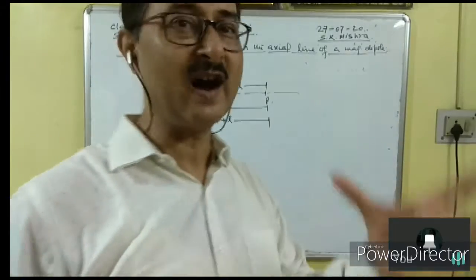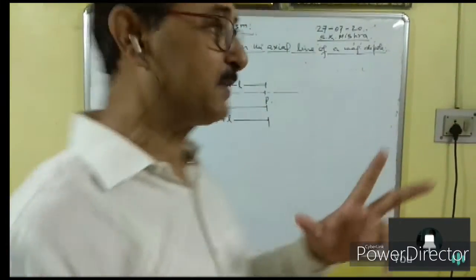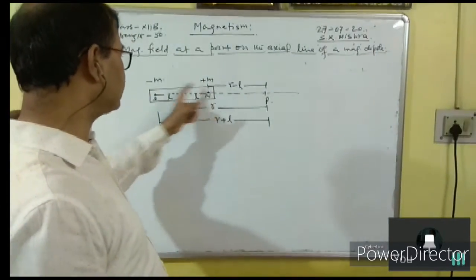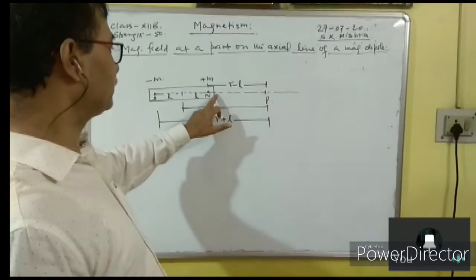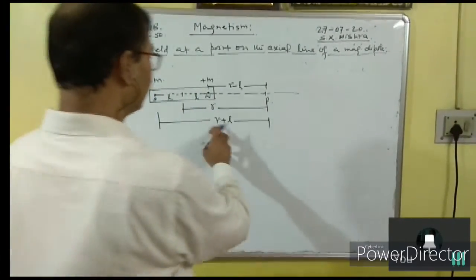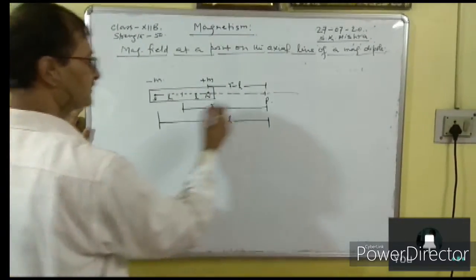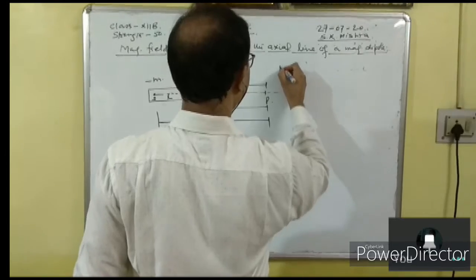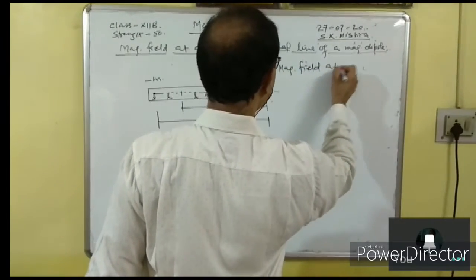Okay, this is our heading. Magnetic field at a point on the axial line, and similarly on the equatorial line we can derive. So here is a magnet. If you recall, we have already done in the electrostatics chapter the electric field at a point on the axial line of a dipole. In a similar way, you can find it.